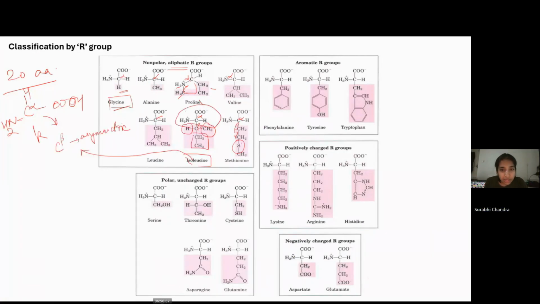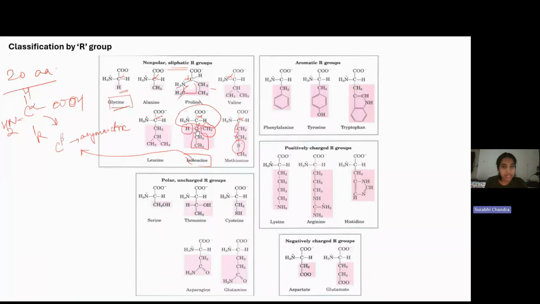One more thing. We looked at asymmetric carbon, which in general for an amino acid is the C alpha carbon. However, there's isoleucine, where this is the C alpha carbon and this is the C beta carbon.